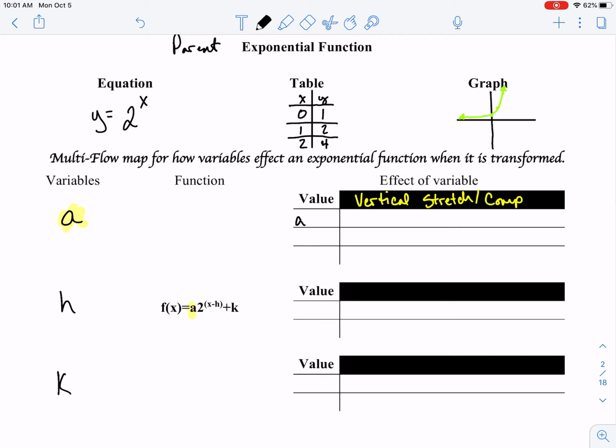If A is less than 0, then you will have reflections. If the absolute value of A is greater than 1, you will have vertical stretches.